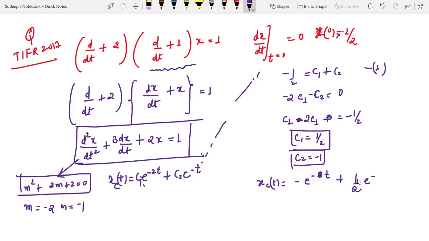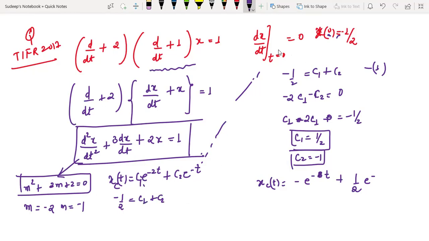Let's see if I'm wrong somewhere. I don't know what is the mistake I've made. Just see from here. At t equal to 0, your x is minus of half, right? So minus of half is equal to c1 plus c2.